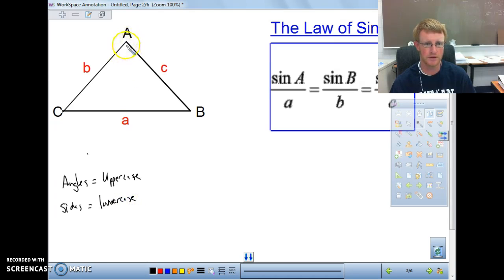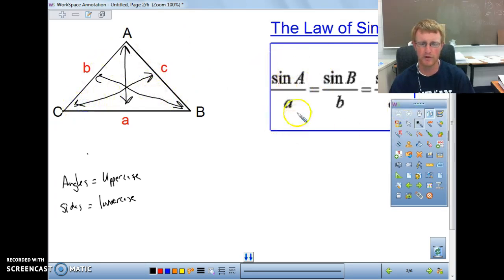And then we should always be making sure that they correspond to the opposites of each other. So notice angle A is opposite to side a, angle B is opposite to side b, and angle C is opposite to side c. So it's important to do that.